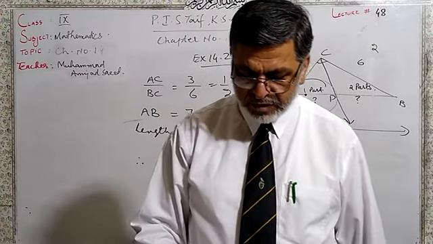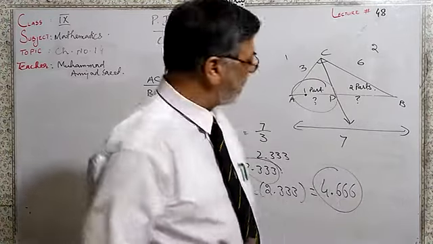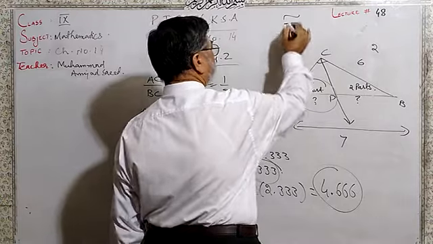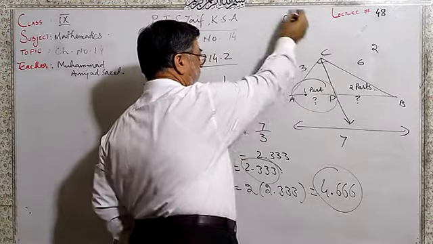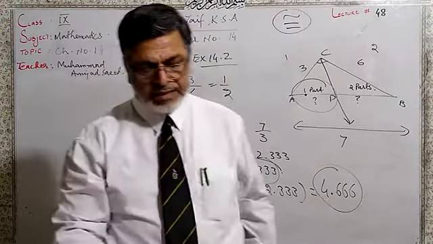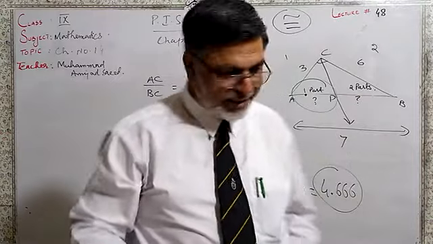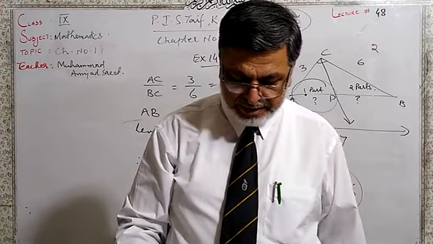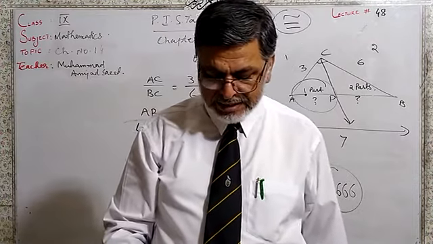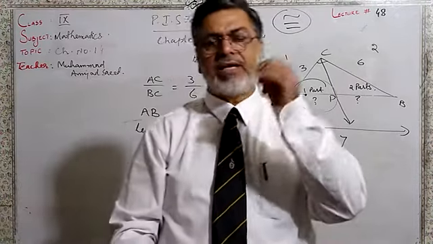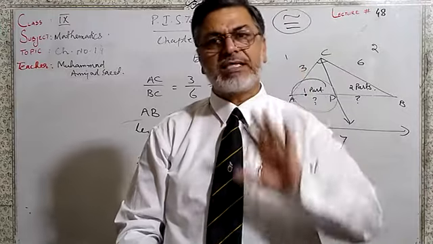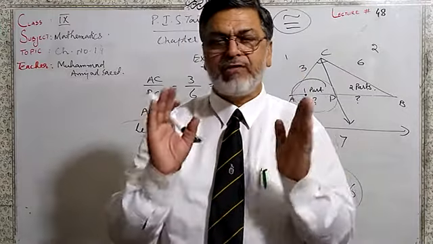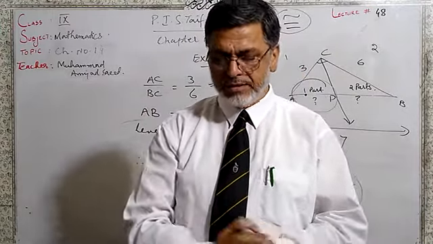The symbol used for congruency is this one, and the symbol of similarity is this one. Congruent triangles are similar, equal in shape and also equal in size.